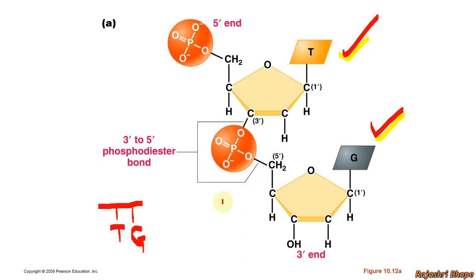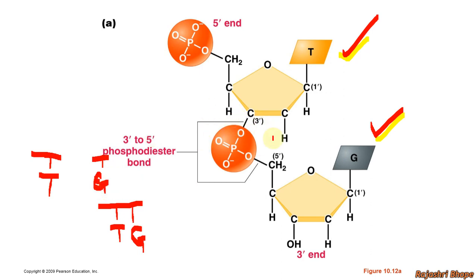Now how are these two linked? See, say for example the previous base is thymine. This thymine's 3' OH of the deoxyribose sugar, or say simply sugar, is linked to the incoming nucleotide's 5' phosphate.